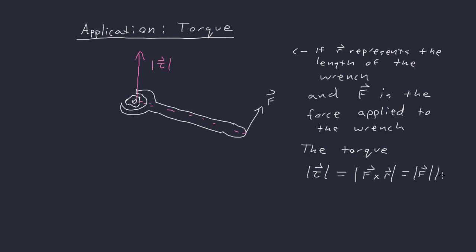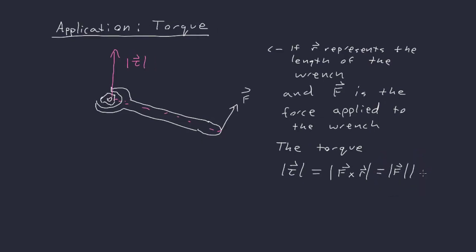the magnitude of F and R multiplied together times sine of theta, and we always want theta between 0 and pi. Torque is actually represented as a cross product.